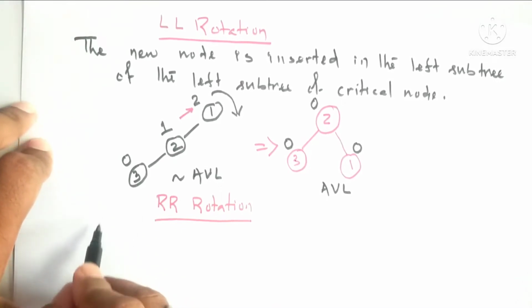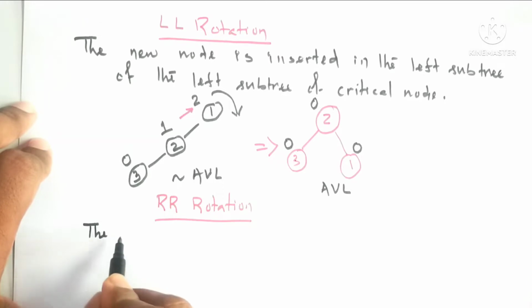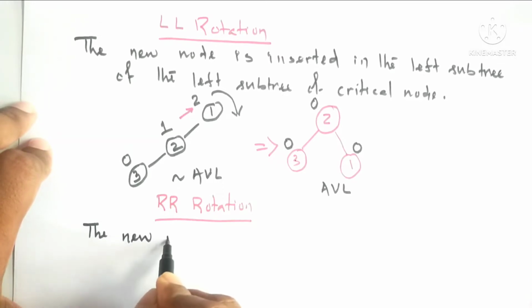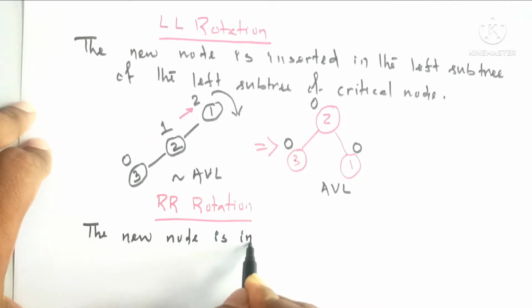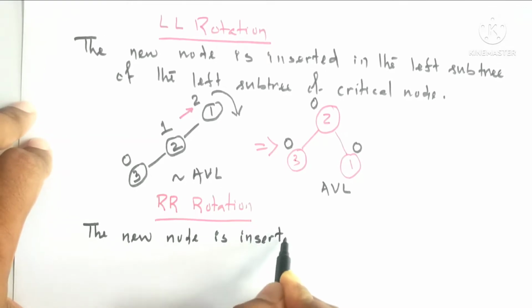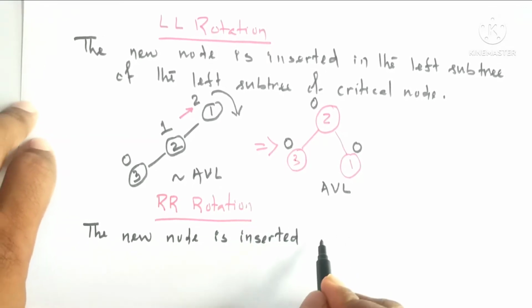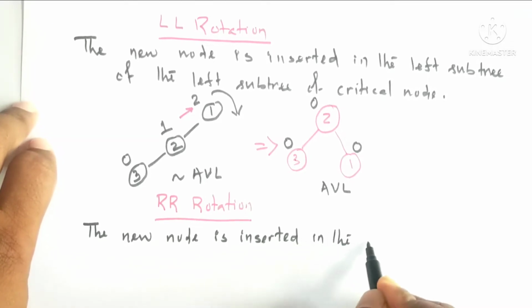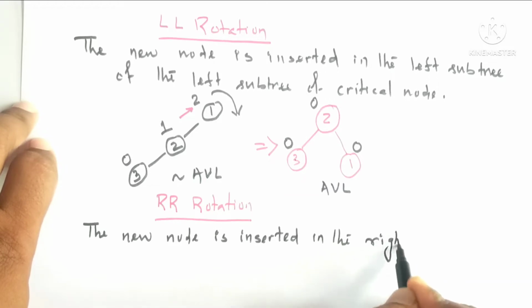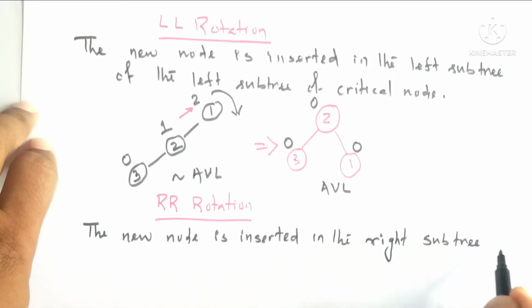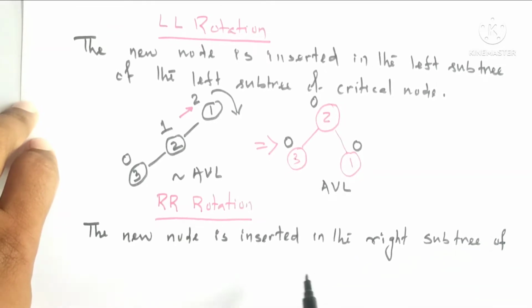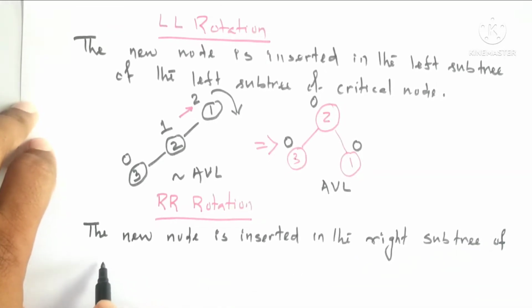The new node is inserted in the right subtree of the critical node.